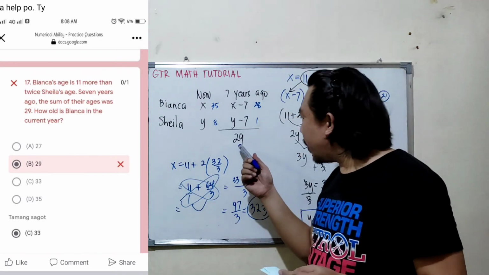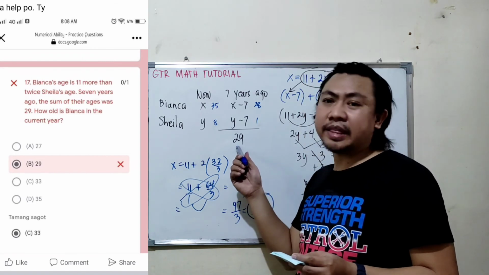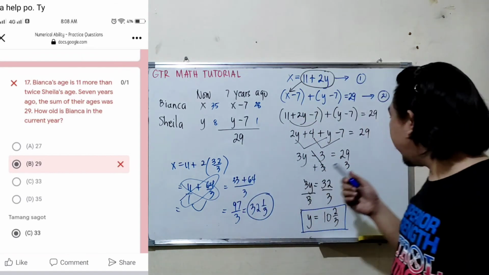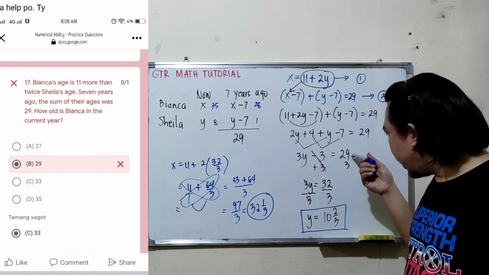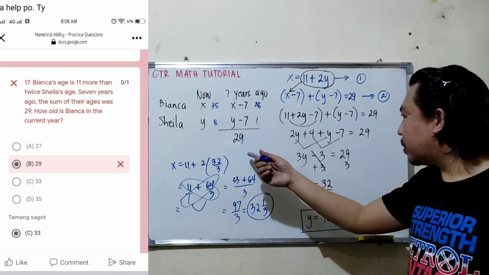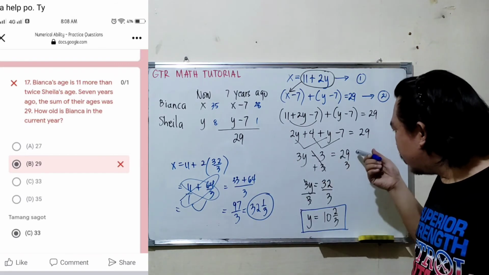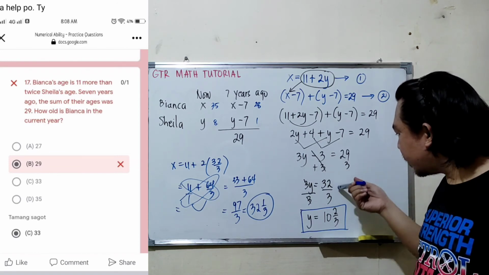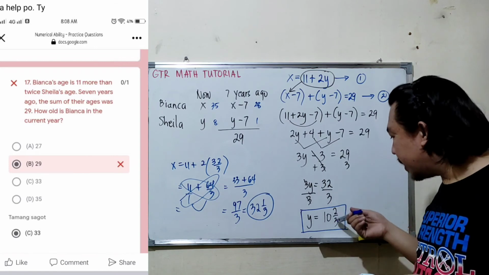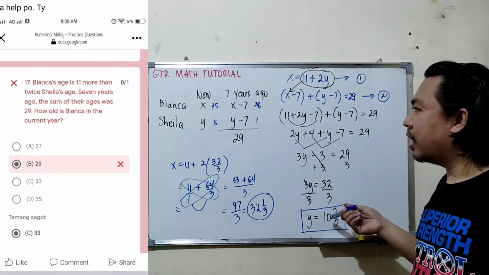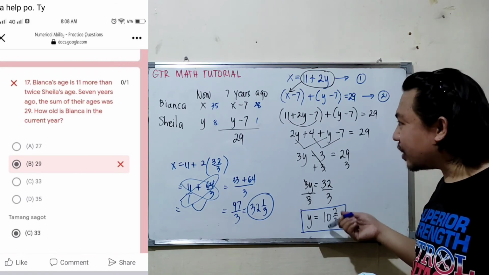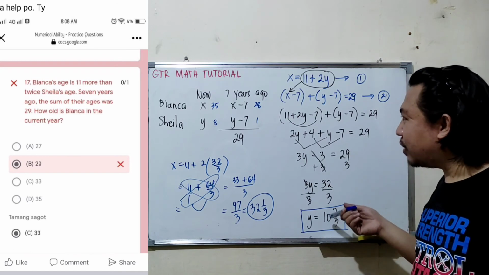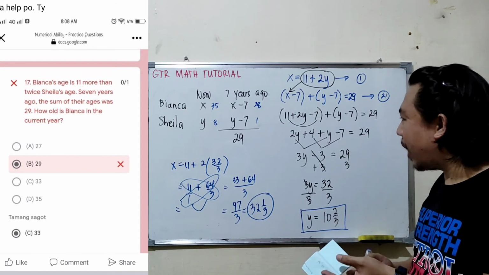Siguro itong 29, pwede 28 lang ito. Kapag naging 28 ito, 28 plus 3, 27 siguro. Kung naging 27 ito, 27 plus 3, magiging 30. 30 divided by 3, 10 na lang siya. Kung naging 10 ito, may sagot, no? Nasa choices kaya kung naging 10 ang y?